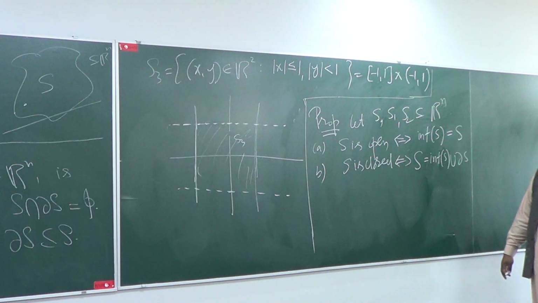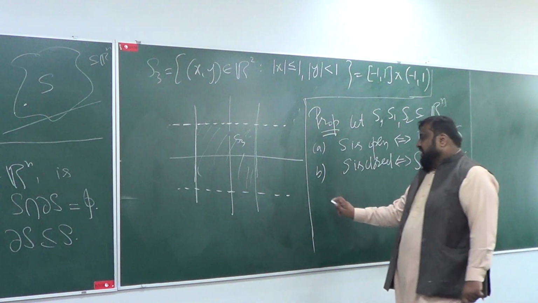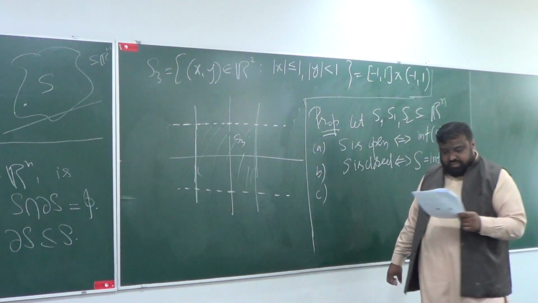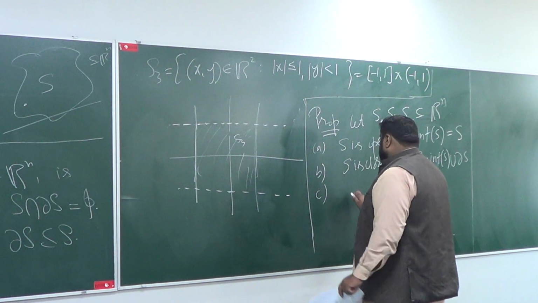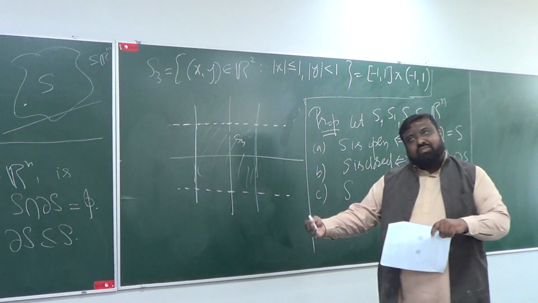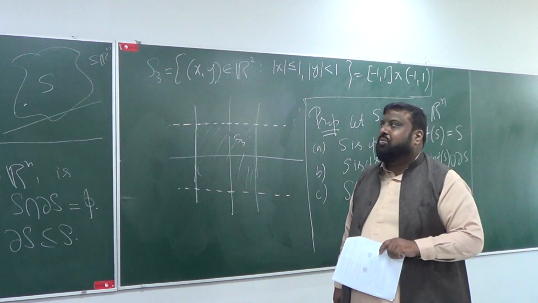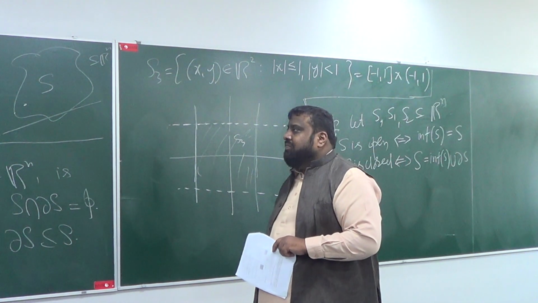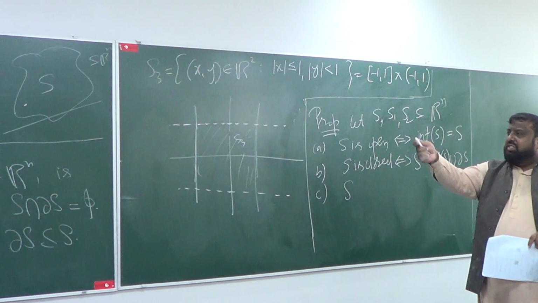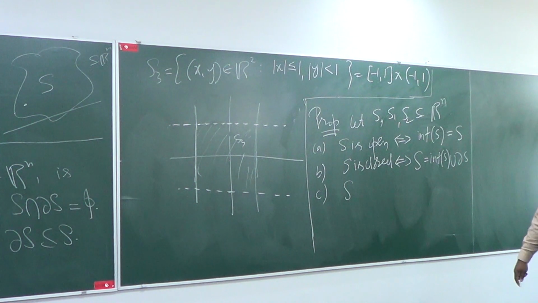It's a very natural thing to do. The third part is something very interesting: how open and closed sets are related with each other. Just look at any picture of open and closed sets and see whether this looks true or not.